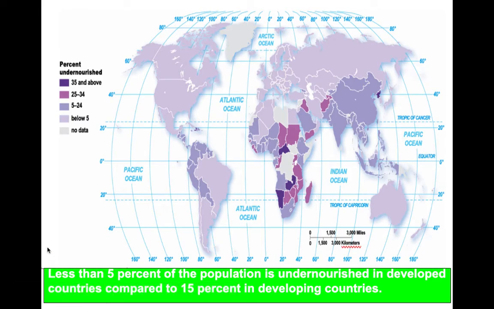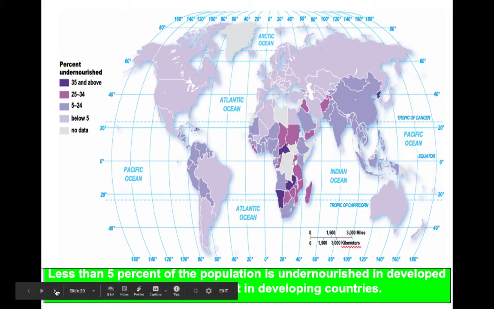All right, so again, it shows the concentration of undernourishment in sub-Saharan Africa. But again, it follows the development of countries. The low-developed countries will see the highest cases of undernourishment.